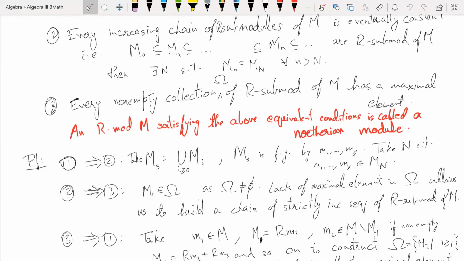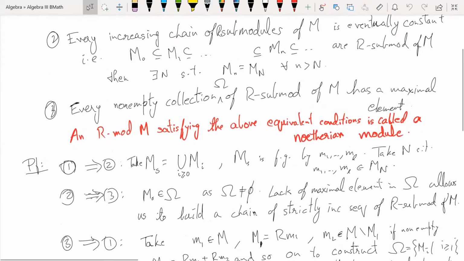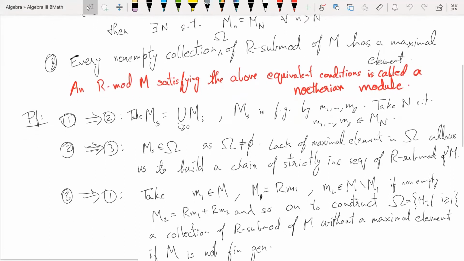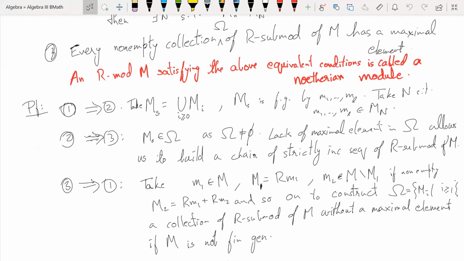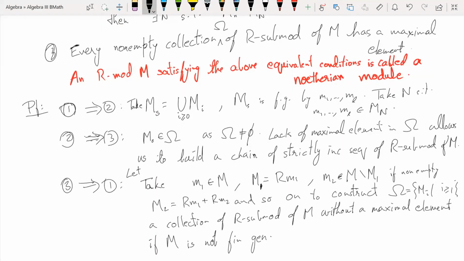What I'm showing here is actually that M is finitely generated, so that is not what I wanted to do. Maybe I'll correct this argument. So let N be a submodule of M. Let M0 be a submodule of M.